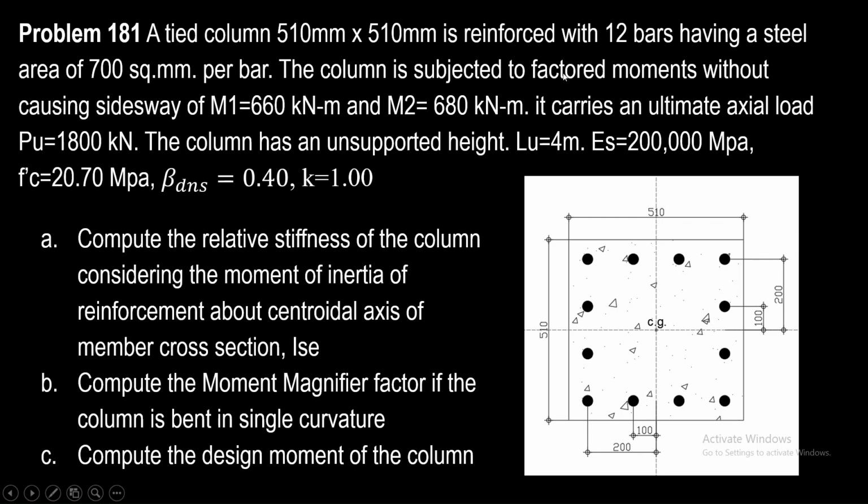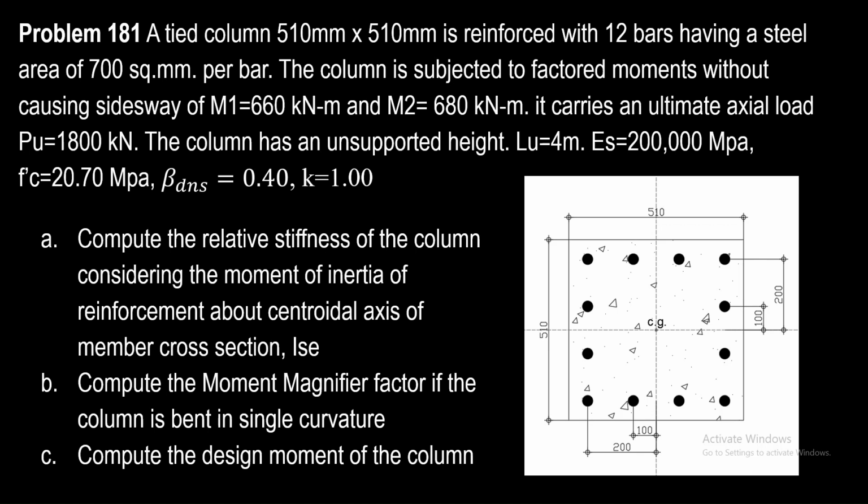The column is subjected to factored moments without causing side sway. Take note of this, without causing side sway. M sub 1 is 660 kilonewton meters and M2, the larger moment, is 680 kilonewton meters. It carries an ultimate axial load of 1,800 kilonewtons, and the column has an unsupported length of 4 meters.